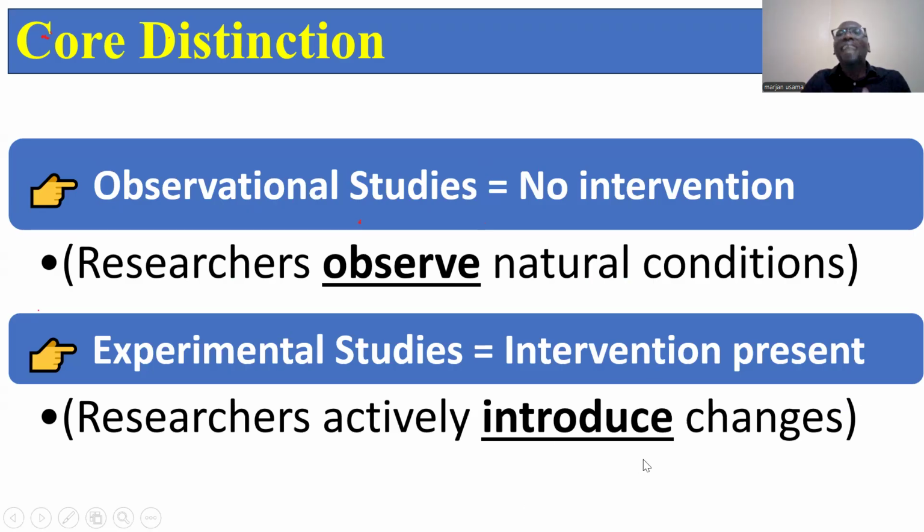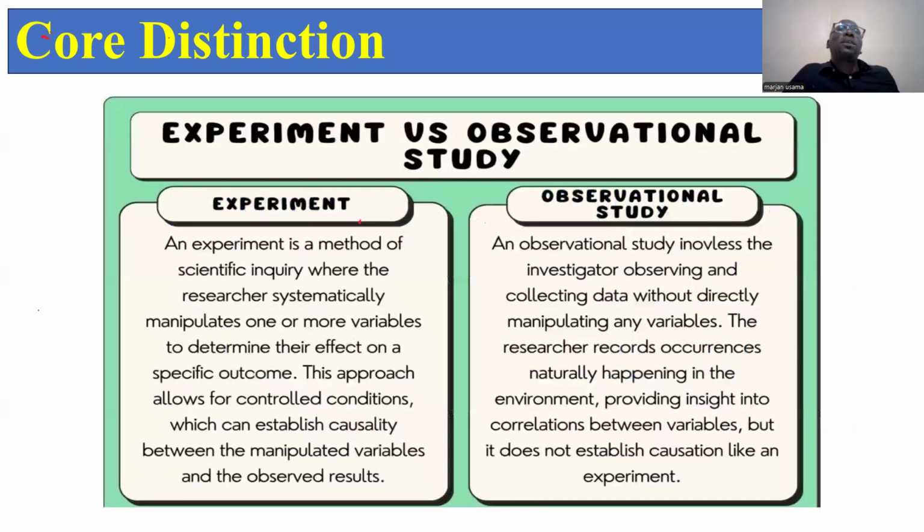The researchers actively introduce changes. For example, in some experiment, you can increase the temperature here and reduce the temperature there, just to find the effect of high temperature and the effect of low temperature. So you can easily intervene. That is the difference between the observational studies and the experimental studies.